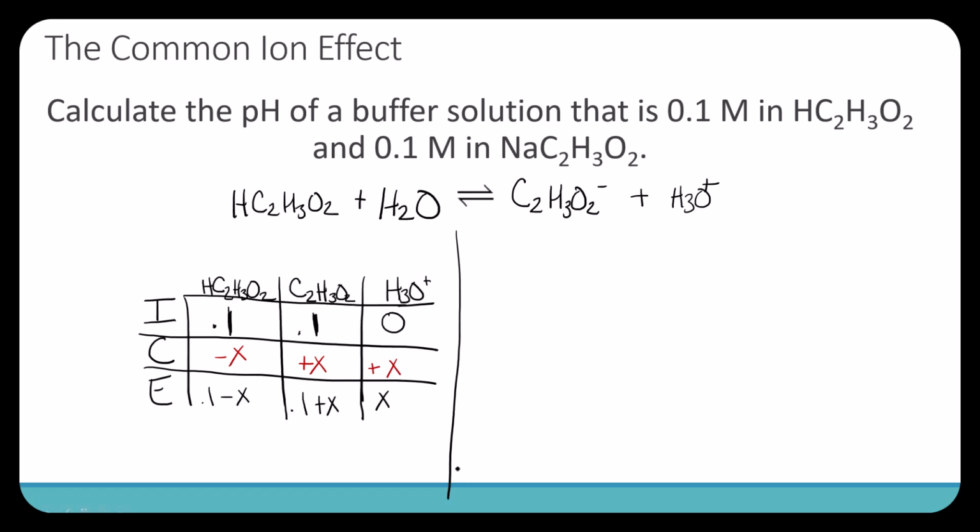All right, we're still going to write the equation. So we're starting with acetic acid, so it's going to be Ka. We've got products, so our acetate ion, hydronium, and then our reactant, so again, just acetic acid.